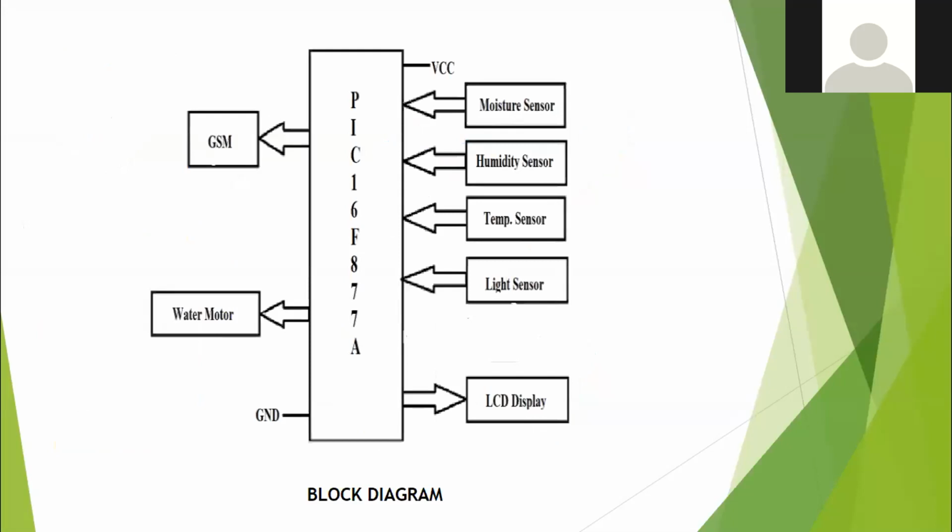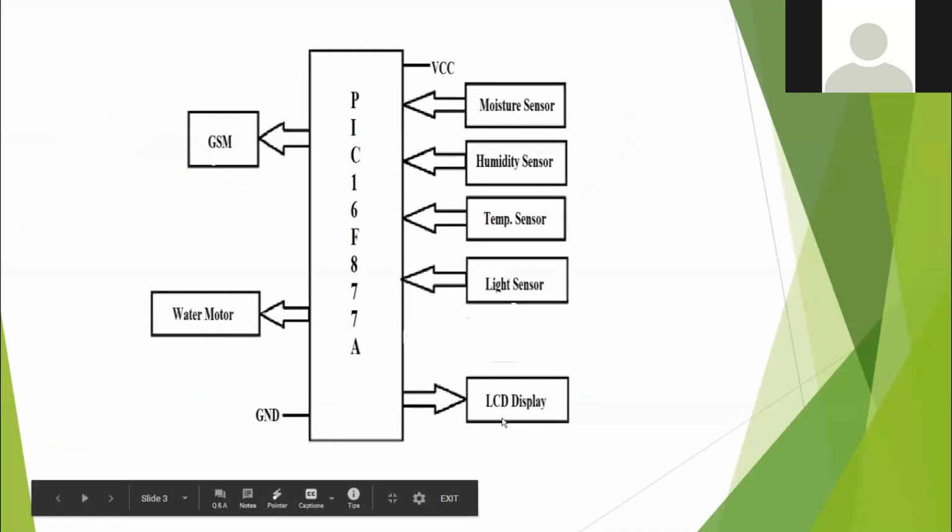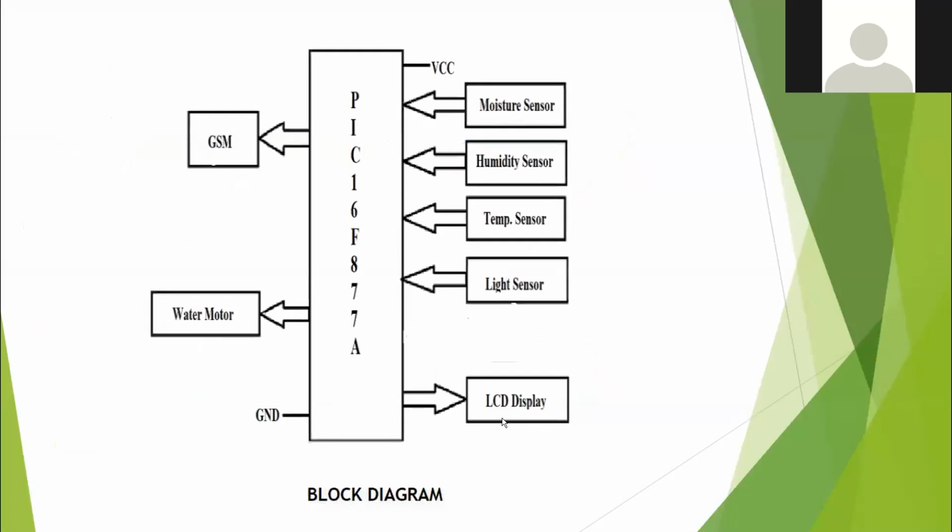All the data from the sensors is given to the PIC microcontroller. Then the data from the sensors is displayed on an LCD. PIC supports serial protocol, parallel protocol, and I2C protocols. The PIC microcontroller sets some threshold measure for each sensor.